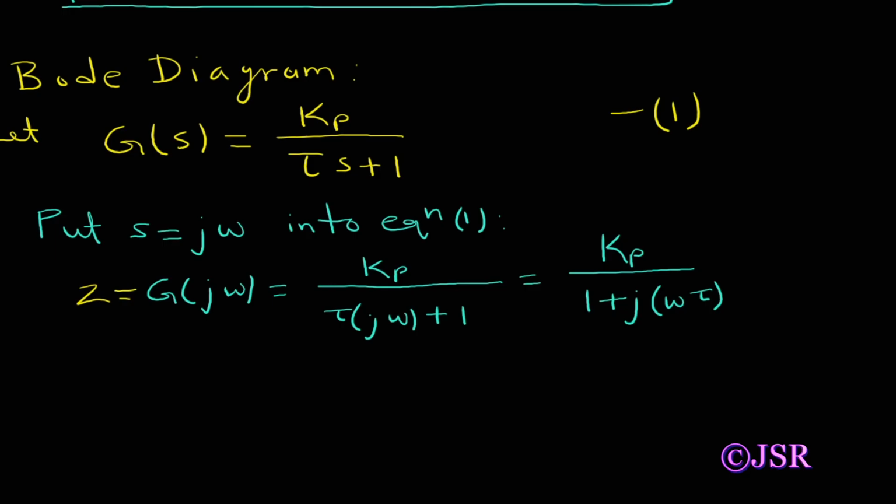So this can be written as Kp times (1 plus j omega tau) whole inverse.